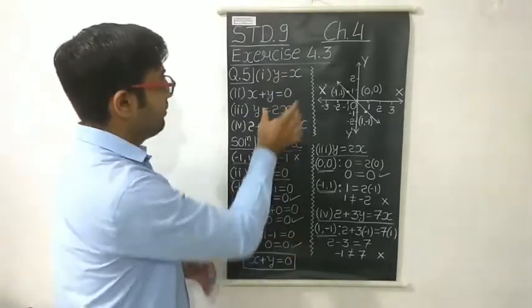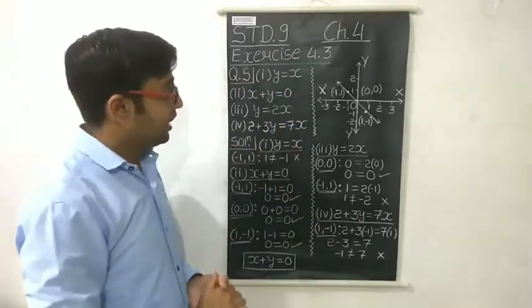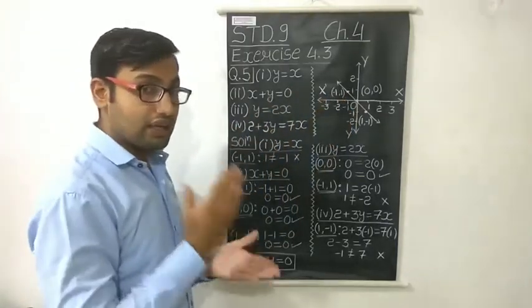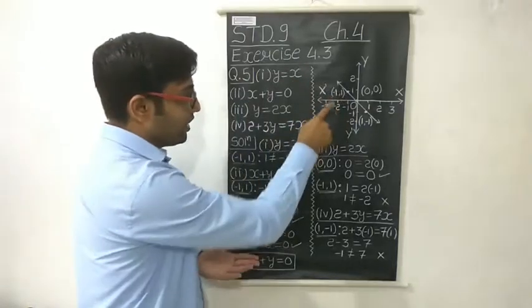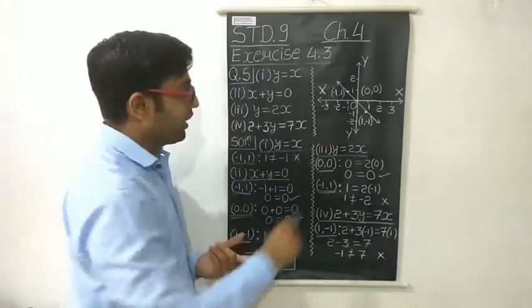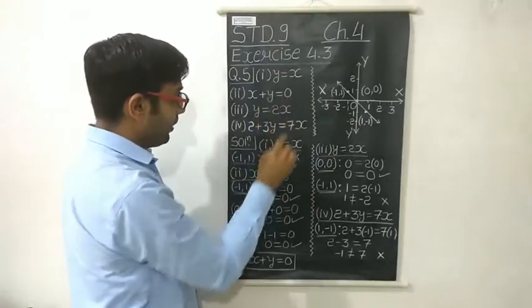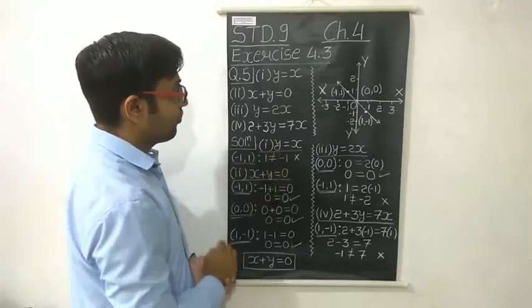First of all, we will consider the equation y equals x. The first point is (-1, 1). Let us put this value in this equation. The x coordinate is -1, the y coordinate is 1. So instead of x we put -1, and instead of y we put 1.